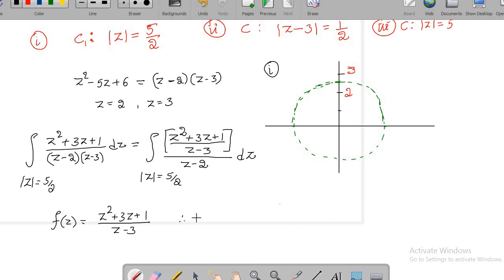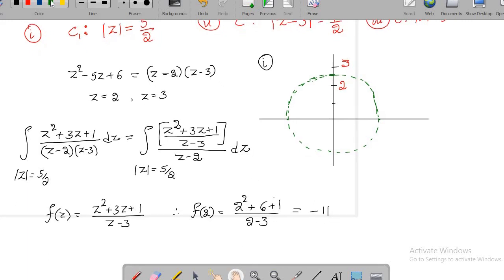Now let me see what f of 2 is: 2 square plus 6 plus 1 by 2 minus 3. This is 11 by minus 1, so this will be minus 11.